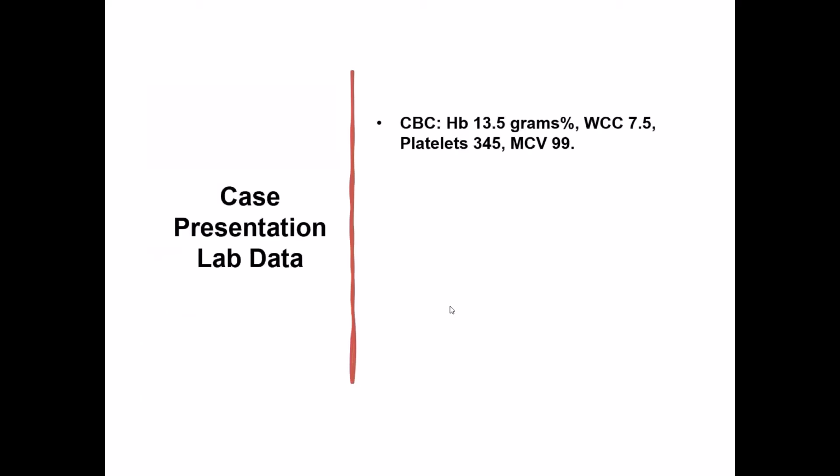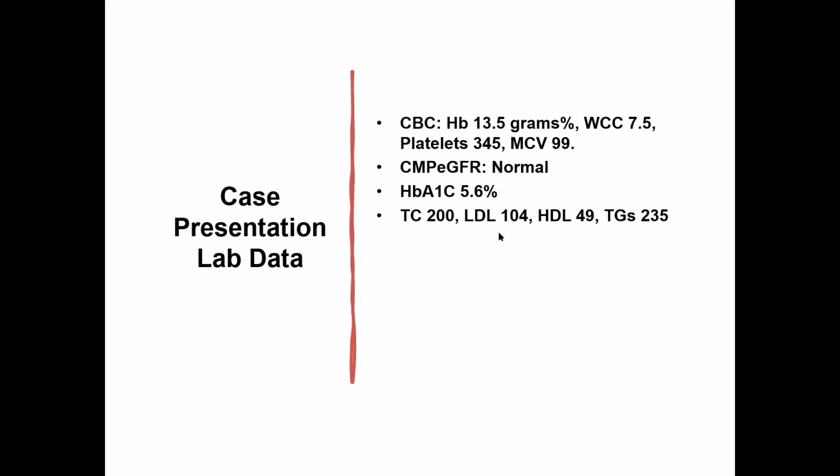So these are her labs, her CBC, except for an MCV of 99, which could be probably from her alcohol use. The CMP with GFR is normal, hemoglobin A1C is normal, except for some mildly elevated triglycerides here.